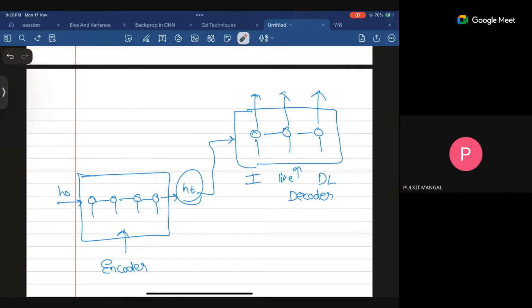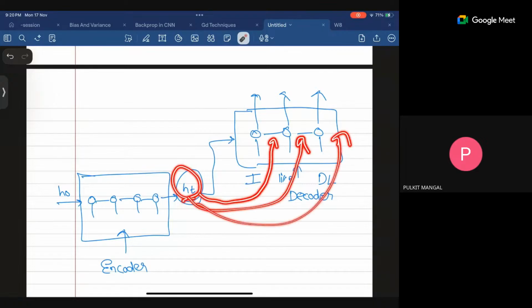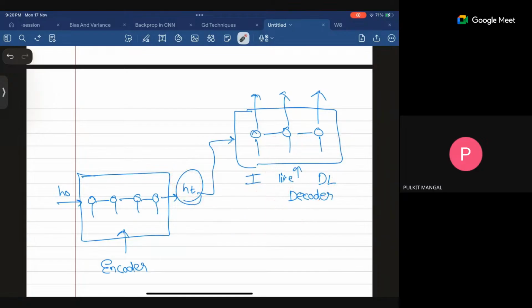The output of this will be h_t, which will be fed as an input to my decoder. There are some variants: what I've written feeds it only the first time, but you might feed it at every timestamp. That is also something that can be done.